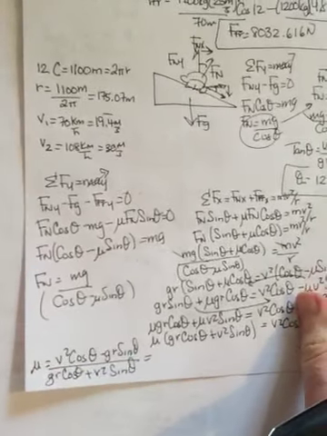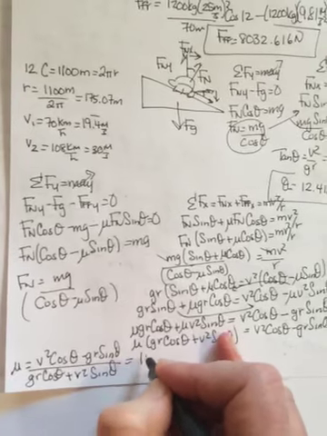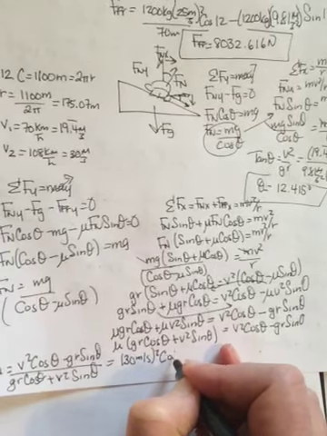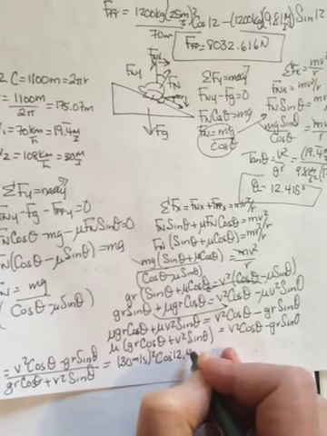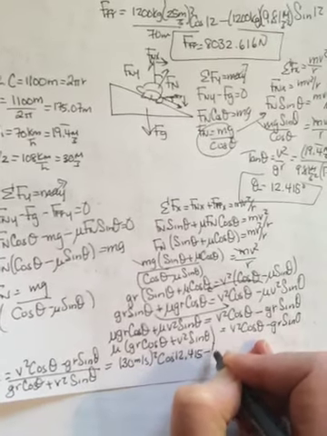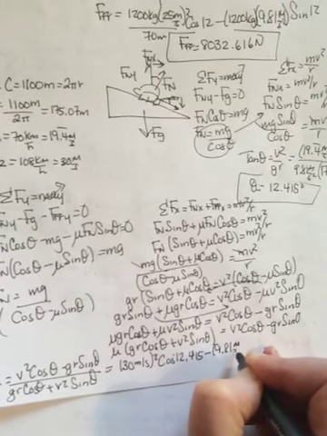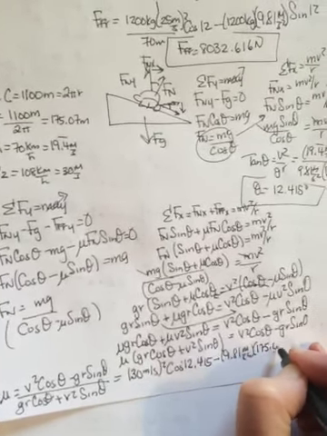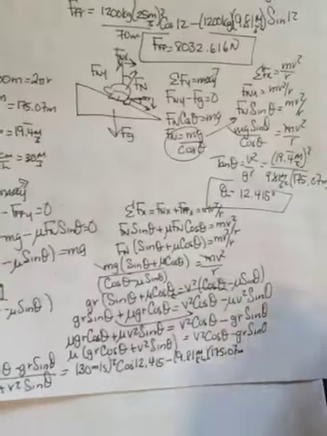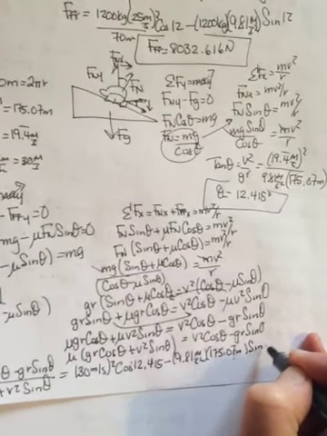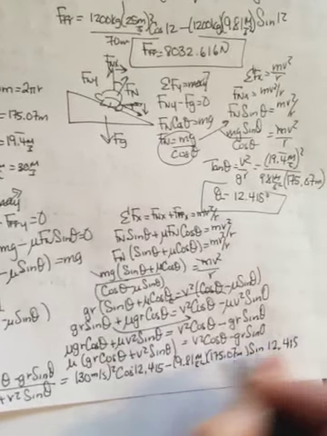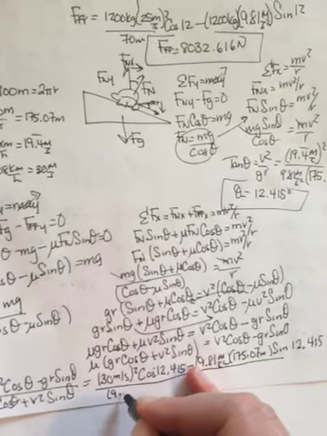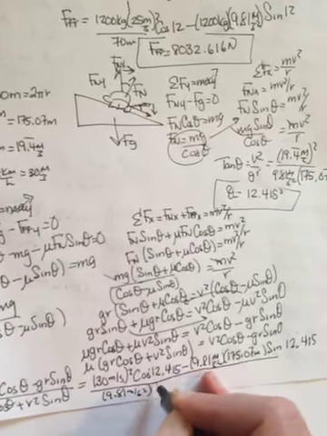V for the second part was 30, so 30 meters per second squared, cos of 12.415, minus 9.81 meters per second squared times the 175.05 meters, sine of 12.415, divided by 9.81 meters per second squared.